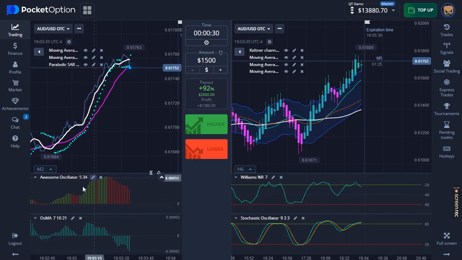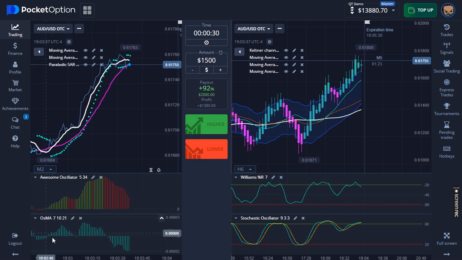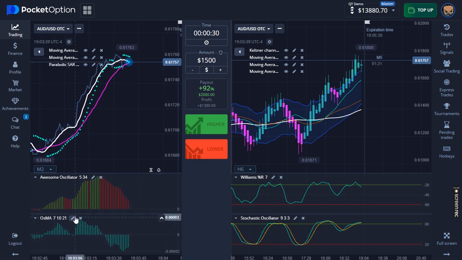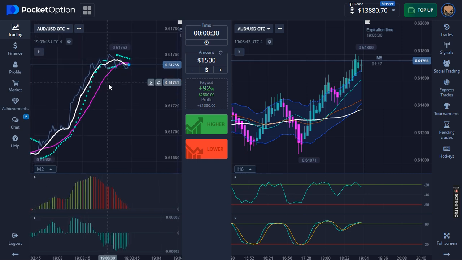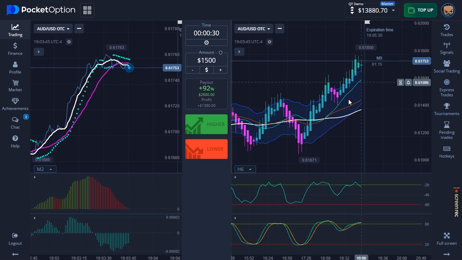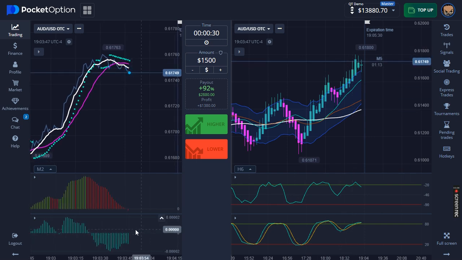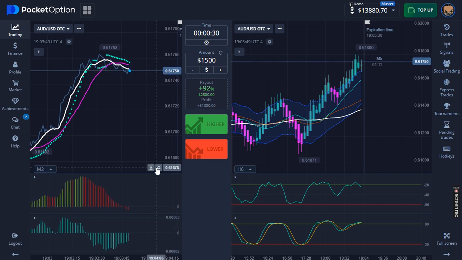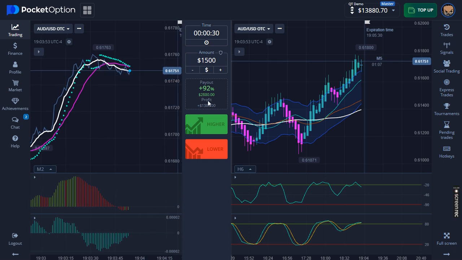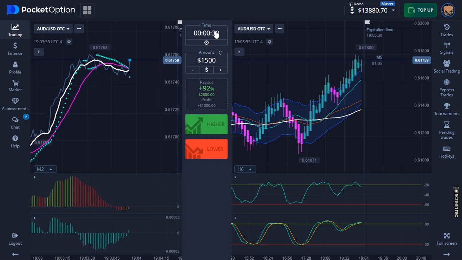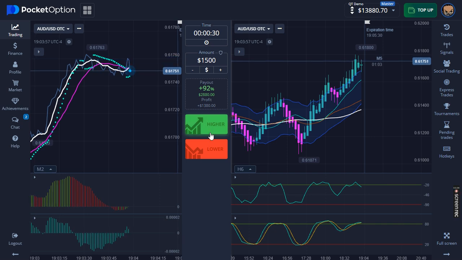Have my awesome oscillator on my default settings. My Osama oscillators, 7, 10, 21. So basically, all I'm doing is I'm waiting for the trend to identify itself, uptrend. And then on the right hand side, once I get my double cross, I call it the double cross with my fresh pair of parabolics, I enter for a trade, whether it's 5 seconds, 10 seconds, or 30 seconds.